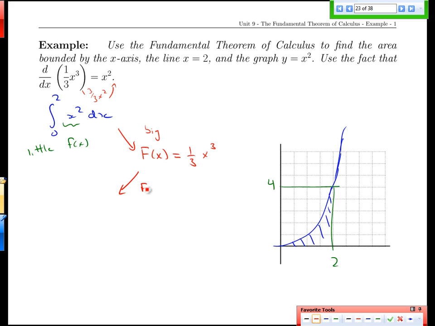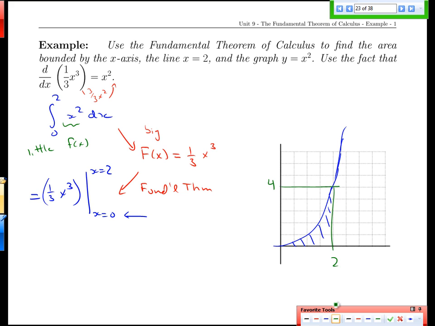And so by the fundamental theorem of calculus, our integral is equal to 1/3 x cubed, and I'm going to introduce some new notation here, between x equals 0 and x equals 2.